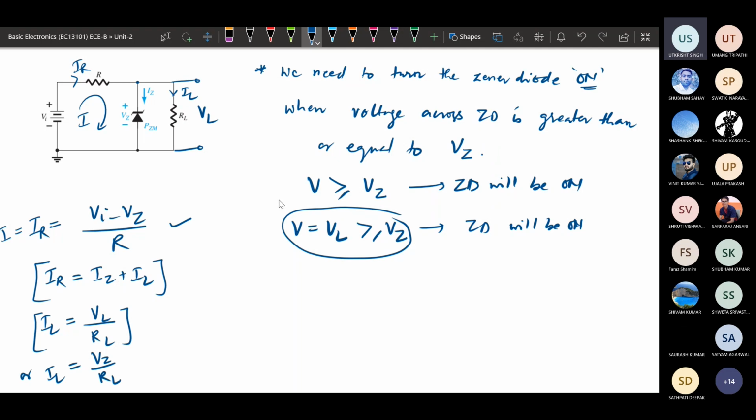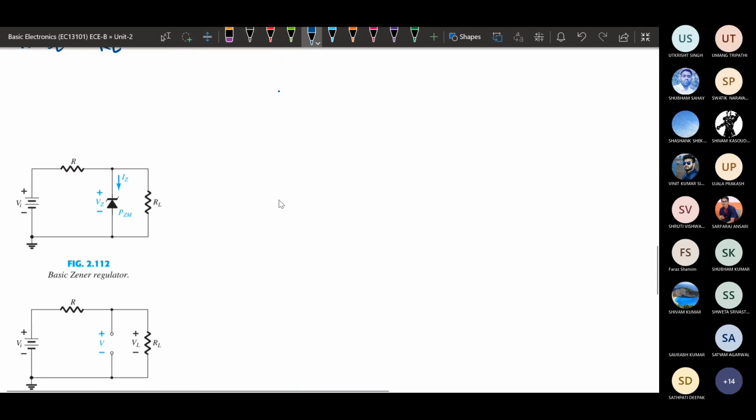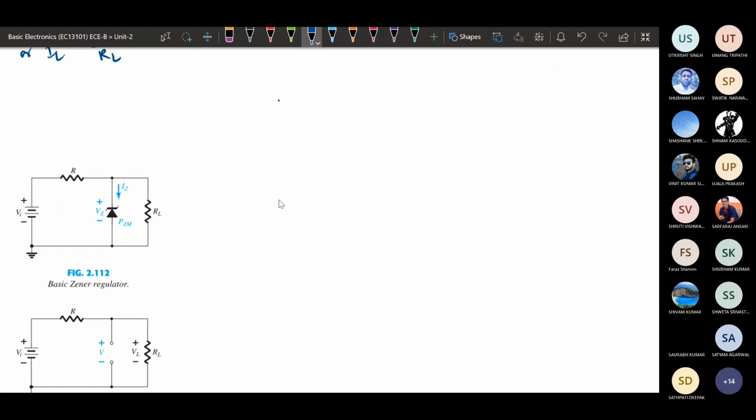So these are the basic equations that will be used for the analysis of this circuit. Here we will go with the analysis of how we can handle the conditions. There are different modes of operation, or different conditions, that define how this Zener diode should be working.